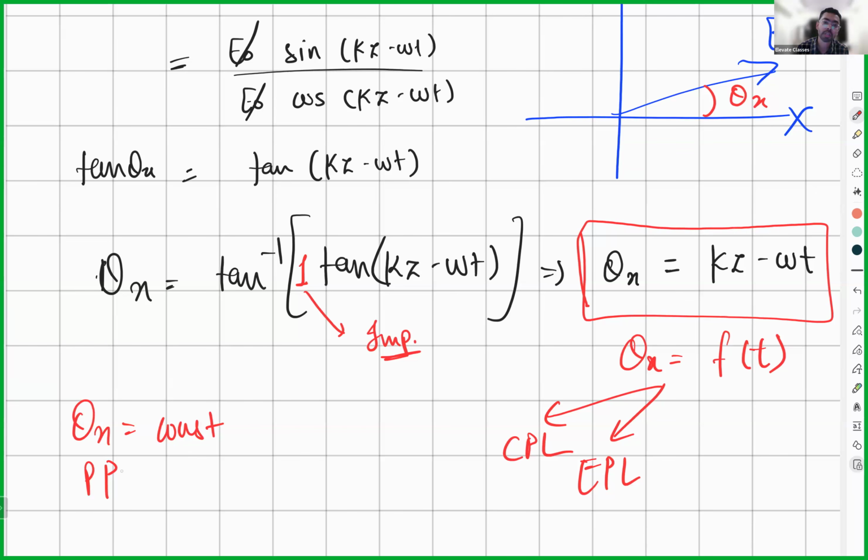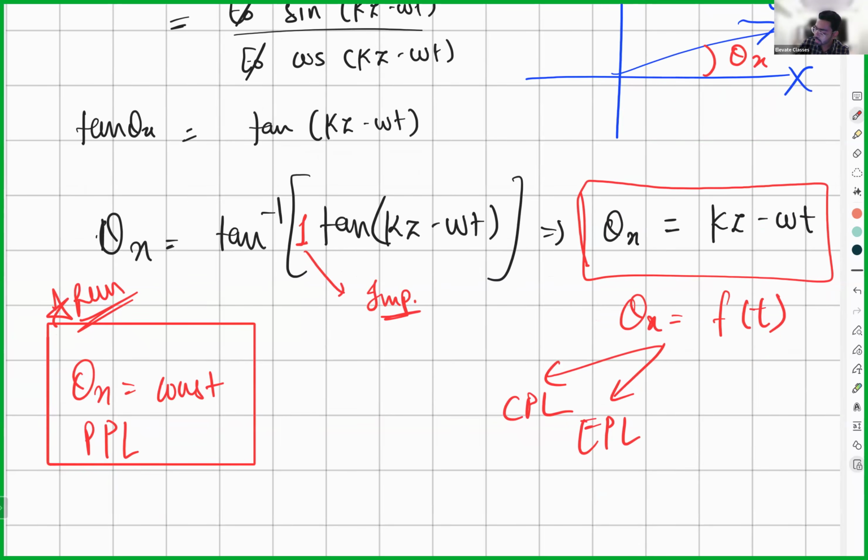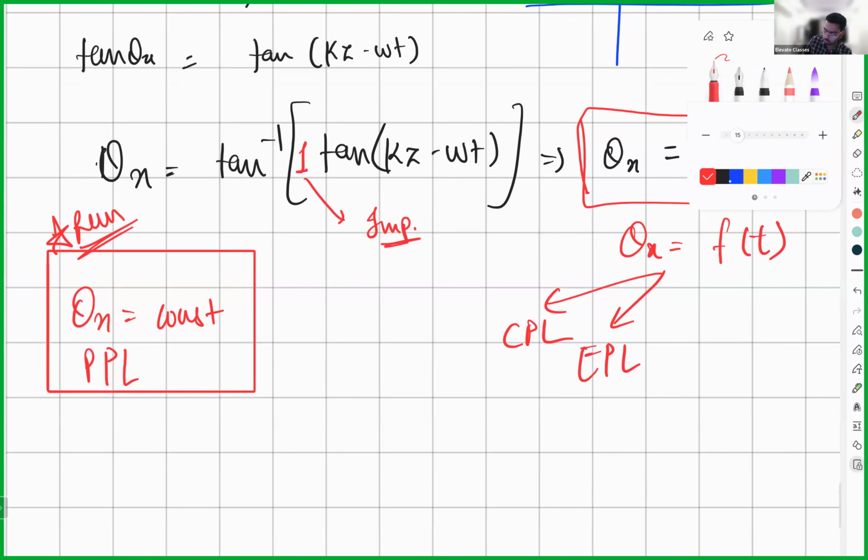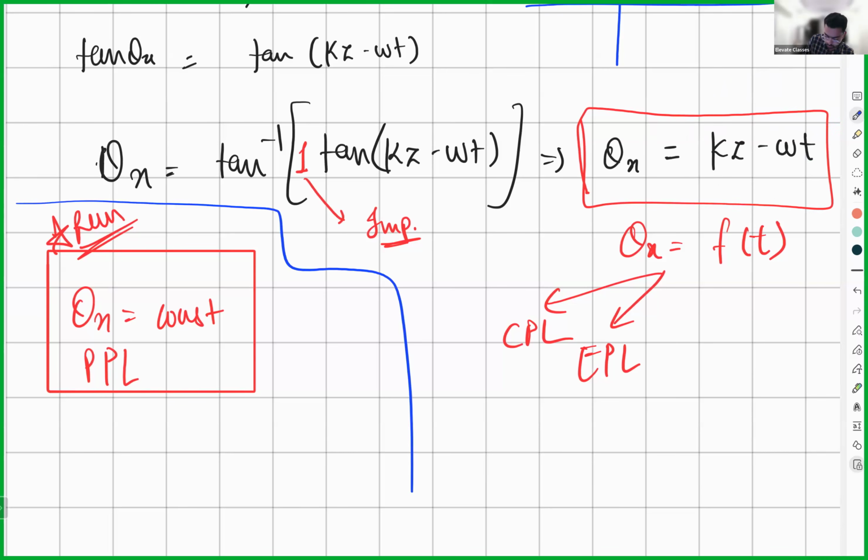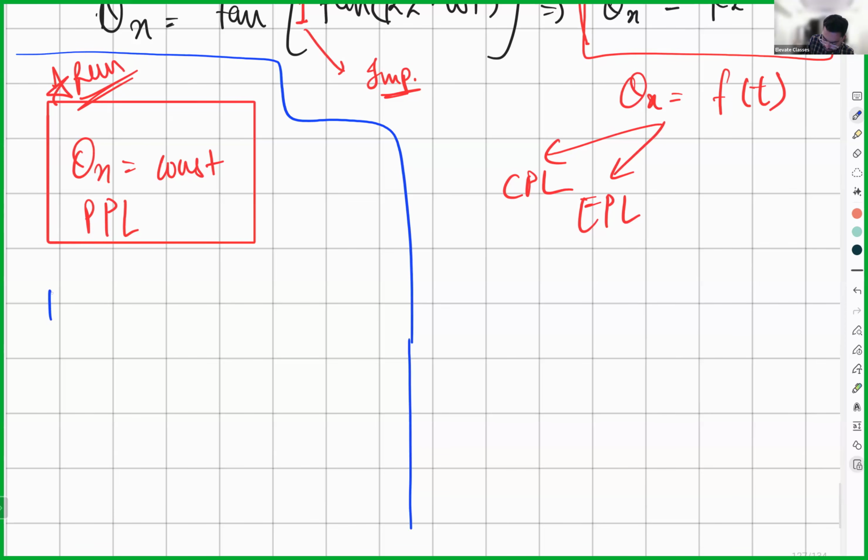So you do a similar calculation for the plane polarized light, and you will see that this angle is a constant. So let us do this also. Let us write down an example for a plane polarized light, which was, let us say, E naught I cap sine of (kz minus omega t).